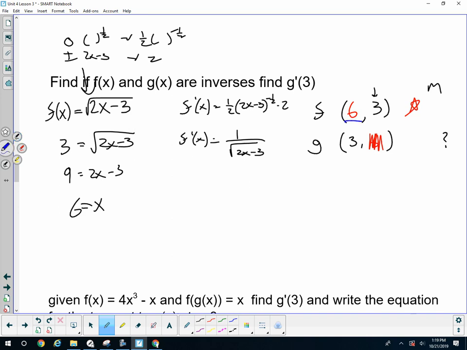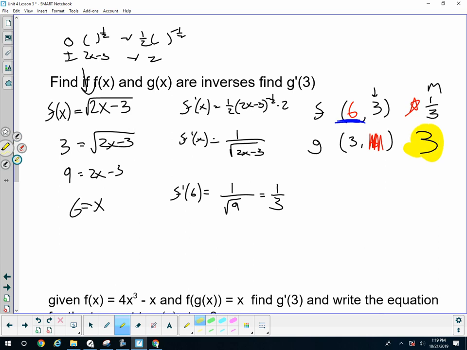Find f prime at 6. f prime of 6 is 1 over root (12 minus 3), which is root 9. I get 1/3. If the slope of f at 6 is 1/3, the slope to g at 3 is 3. This will always be true.